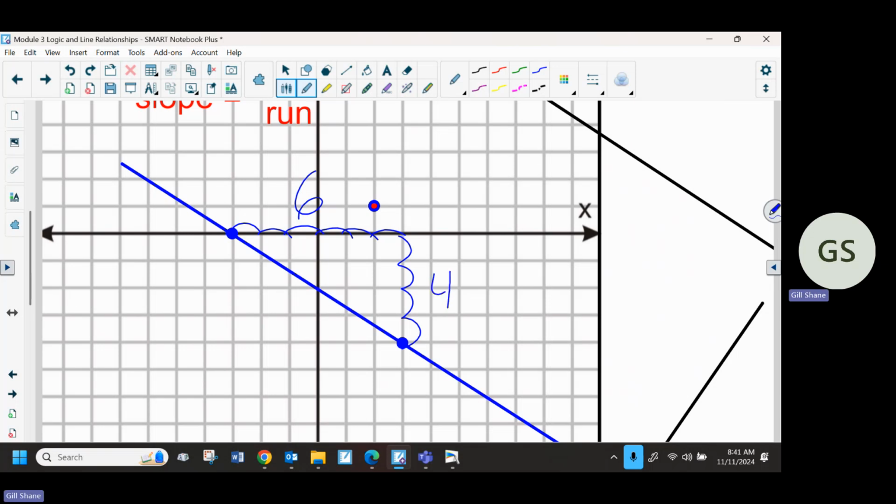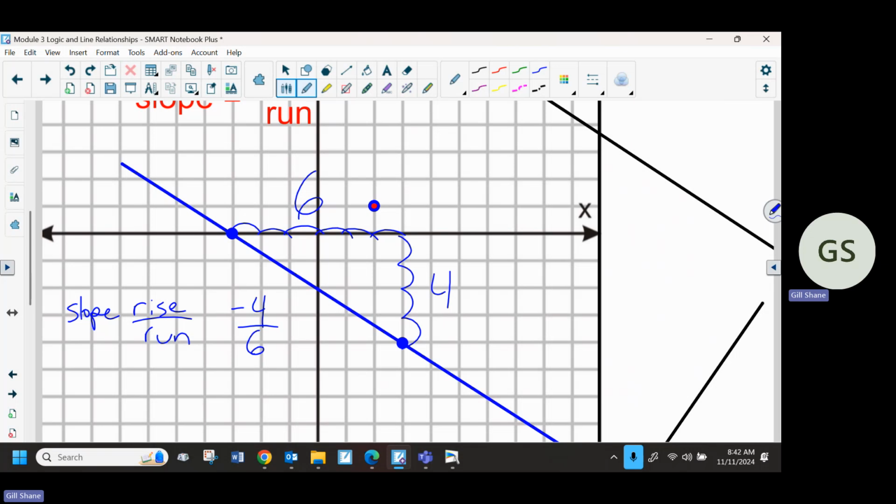So if I were going to do slope is rise over run, my run number is the left and right number. Again, some people, I think, flipped that and they put the wrong one on top. So that's 6. Going down 4, so I went from here down to here. That is a negative. But again, if I just know the slope is going to be negative, doesn't really matter.